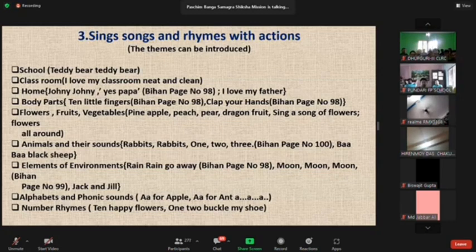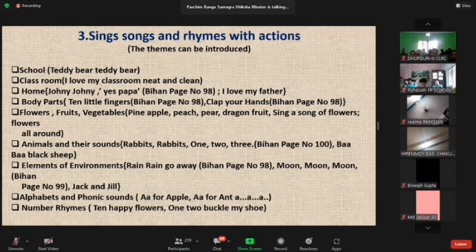Otherwise, they will get bored because they are not familiar with the meaning of the words used in the rhymes. In this case also, we will take some particular themes, since our full PP learning outcome is dependent on themes, as already told. That is school.